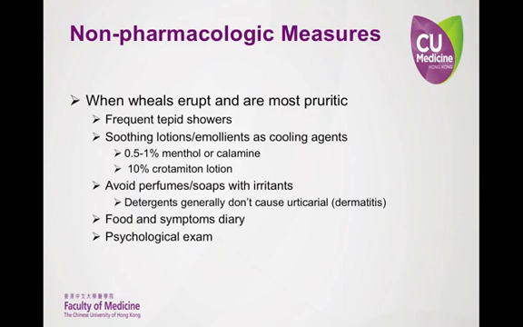The patients should avoid perfumes containing alcohol or other substances that can irritate and make the urticaria worse. Laundry detergent can cause dermatitis, but it is not shown to cause or worsen urticaria. Some patients may think changing laundry detergents may help, but there is no evidence to support this practice.